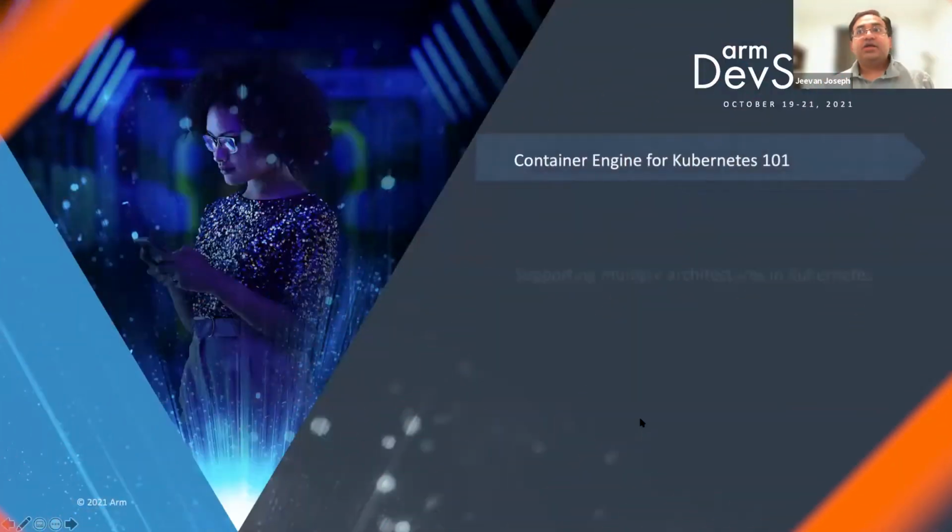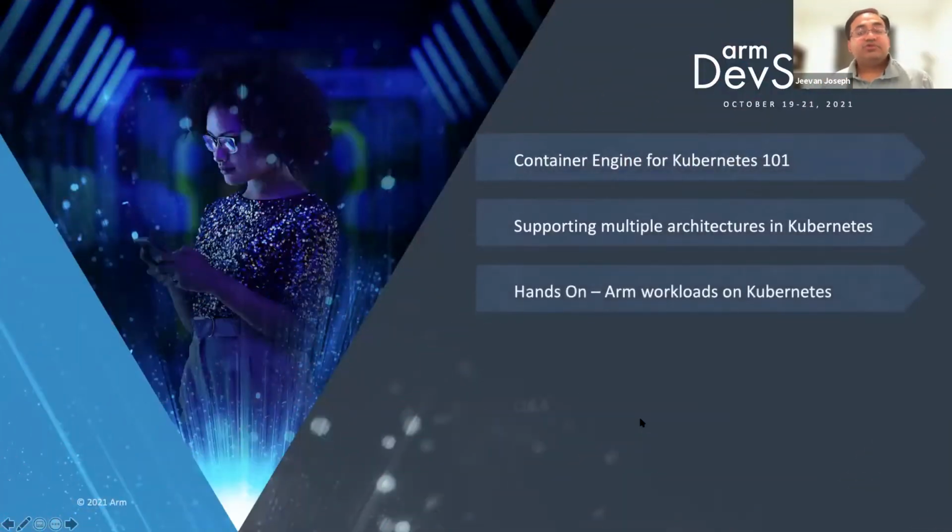So let's quickly take a look at the agenda. We'll first do some context setting. If you're new to Kubernetes, we'll give you the Kubernetes 101, the very basic primer. Some of you might already be very familiar with Kubernetes, so please bear with me. This might be a little bit redundant for you.